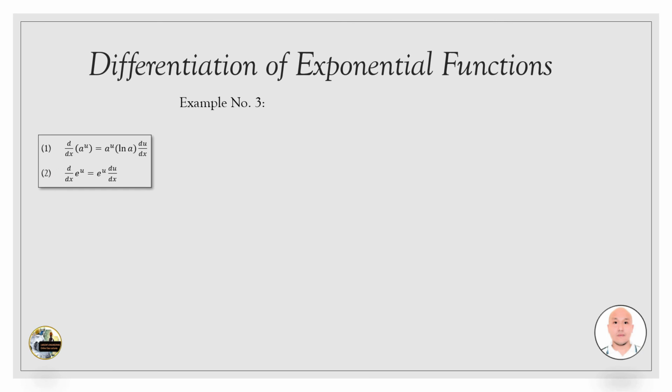Example number 3. Find dx over dt if x is equal to t squared times e raised to 2t. So our u here is 2t. The problem is in e form, so we'll use formula number 2.